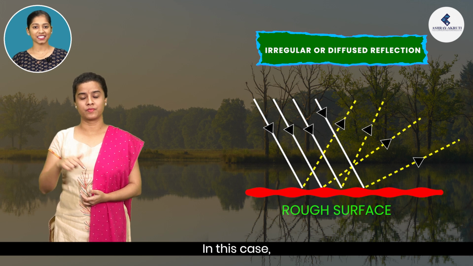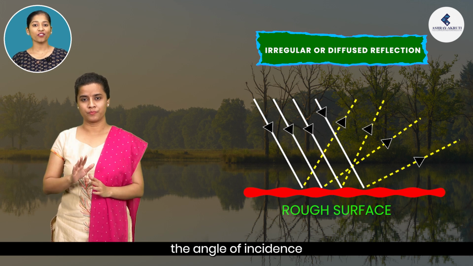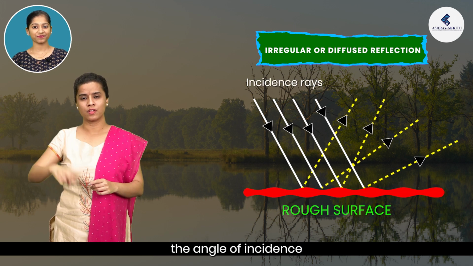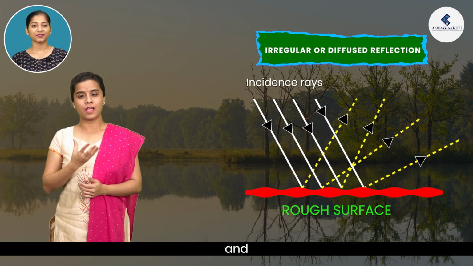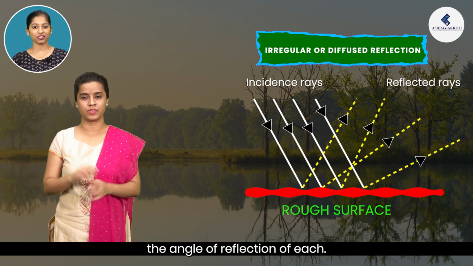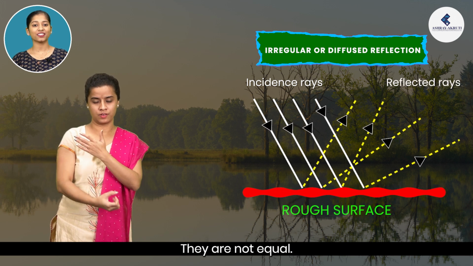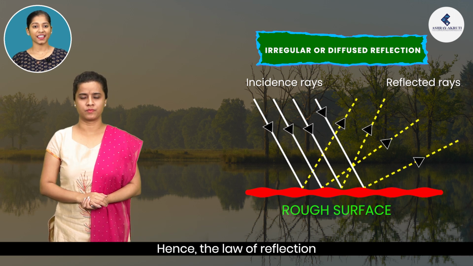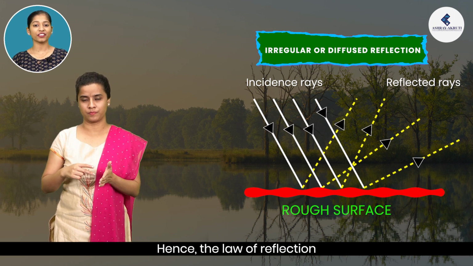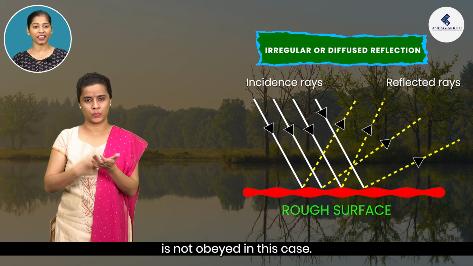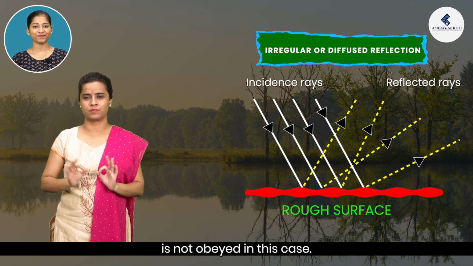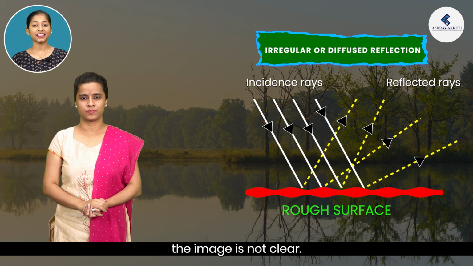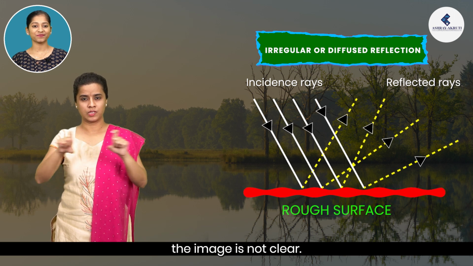In this case, the angle of incidence and the angle of reflection of each ray are not equal. Hence, the law of reflection is not obeyed in this case, and thus the image is not clear.